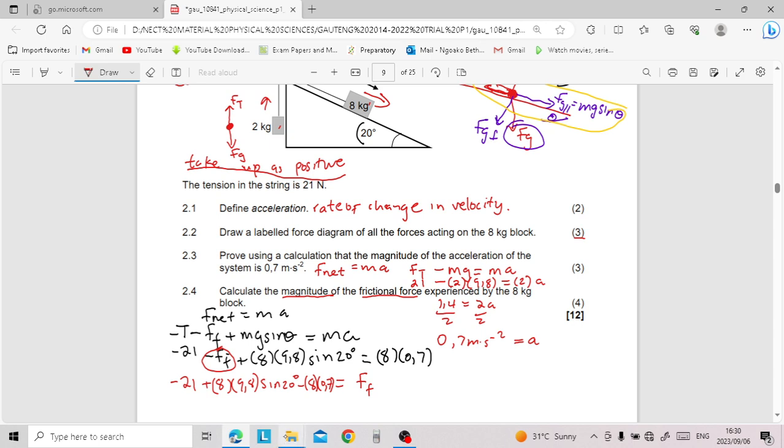So the frictional force in this case is 0.21 newtons. So that is the frictional force acting on the object.